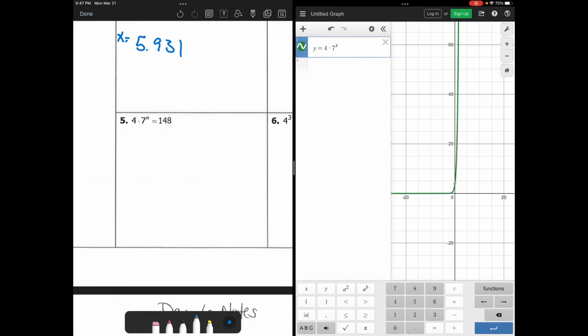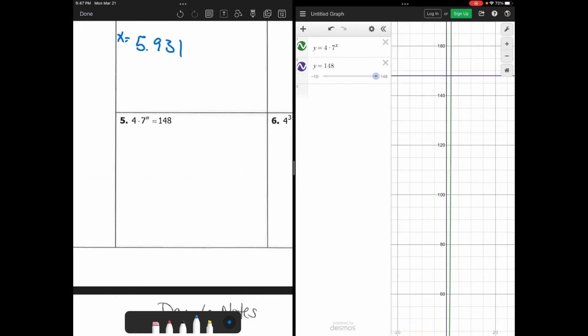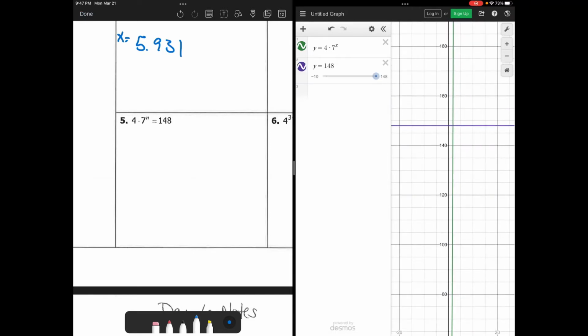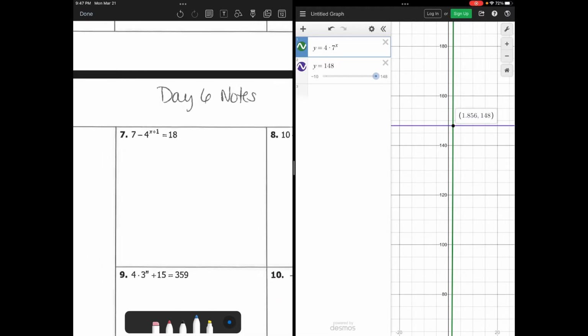And then the second equation would simply be y equals 148. Now you may have to adjust your window to see this. See how I can't see 148? So I have to go up till I find it, and I see that the answer is 1.8656. Okay, so that is how we would solve an exponential equation.